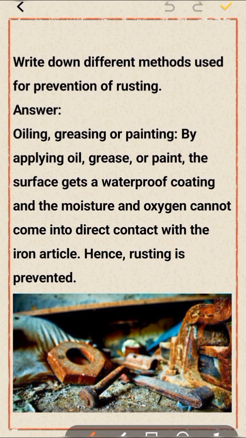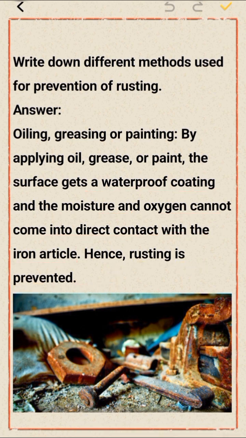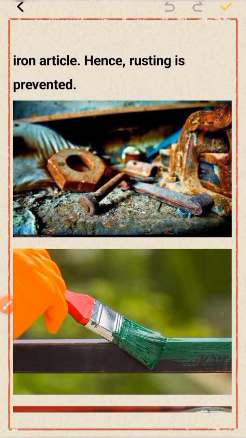By applying oil, grease, or paint, the surface gets a waterproof coating and moisture and oxygen cannot come into direct contact with the iron particles. Hence, rusting is prevented. Show the picture supporting this question.